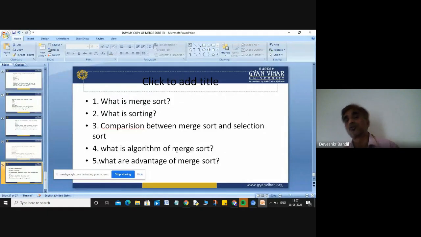This is sorting. And the comparison between merge sort and selection sort, I had already explained in many domains. And what is the algorithm of merge sort, I had already explained during this lecture, and what are the advantages of merge sort. I also explained the advantages of the merge sort algorithm.